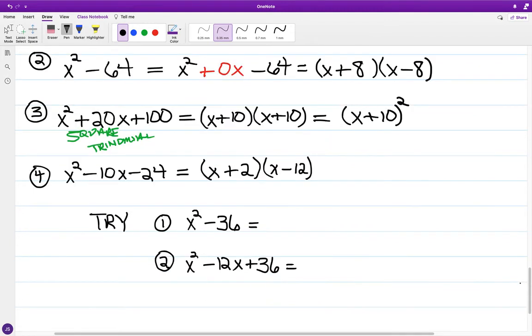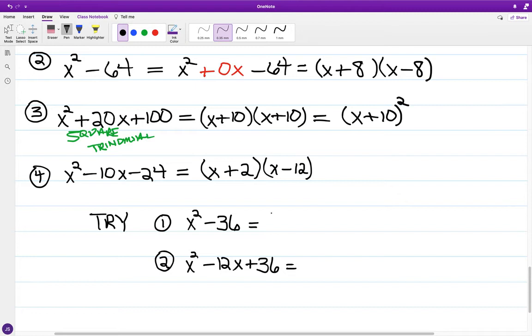Okay, for the first item we have a difference of squares, where we have x squared minus 36, and the layout's very much like what we had earlier with x squared minus 64. You don't have a first order x term, so that's signaling that the factors will have constants that will be identical in terms of what will be added and subtracted.